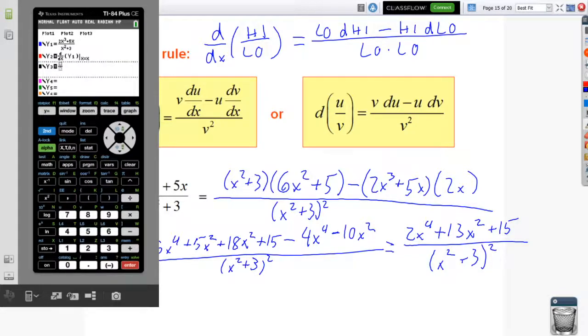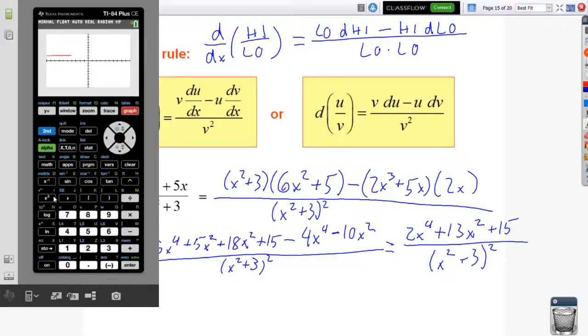And as long as my answer is correct, these should be the same graph. x squared plus 3, squared. All right. Fingers crossed that they come out to be the same thing.